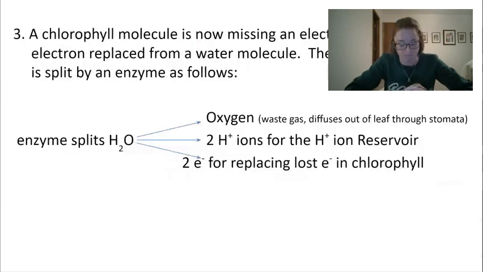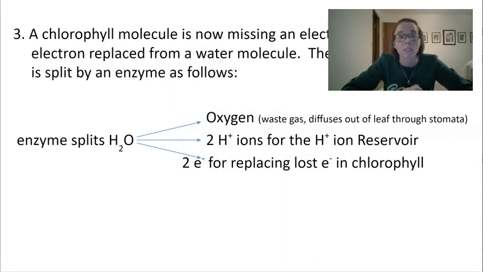Step number 3. And remember, we want to really focus here on photosystem 2. A chlorophyll molecule that is now missing its electron has to have that electron replaced. It can't not have it. So that electron has to come from somewhere. The electron comes from the water.